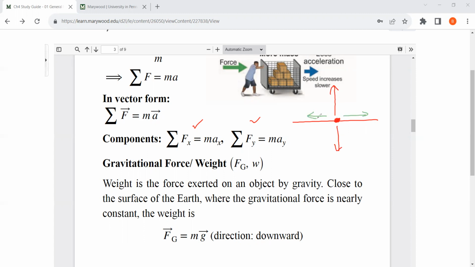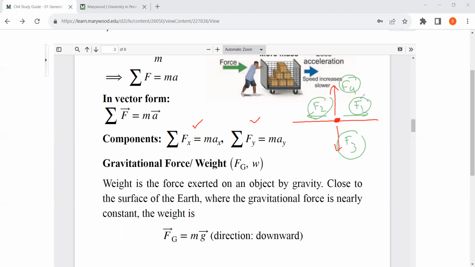Let me call them F1, F2, F3 and F4. We have to treat F3 and F4 together, as they are the y component forces, and F2 and F1 together because they are the x component forces.